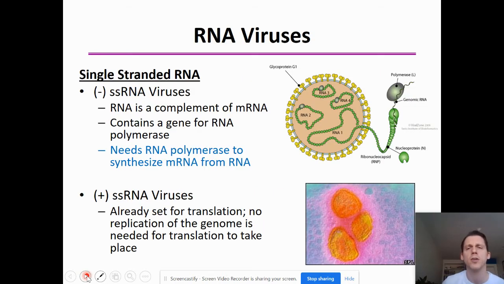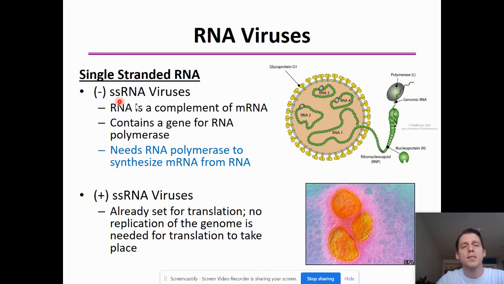So single-stranded RNA viruses, there's really two different types. In one case, the RNA that's present in the virus is a complement of mRNA. So basically, they have to copy the RNA to make the mRNA, and the mRNA will then code for the protein coat.